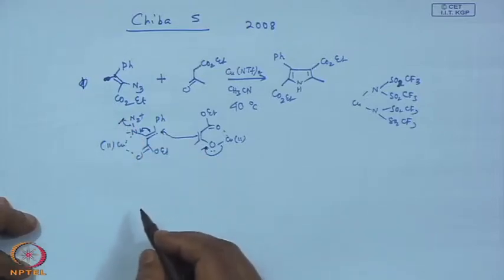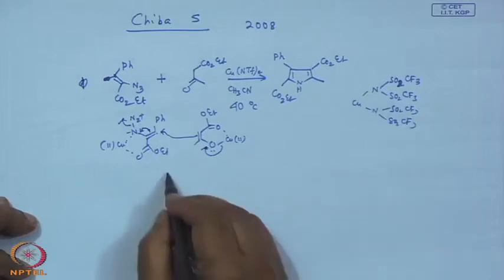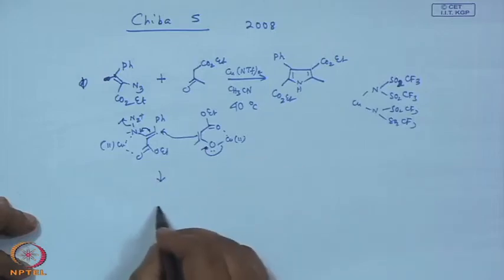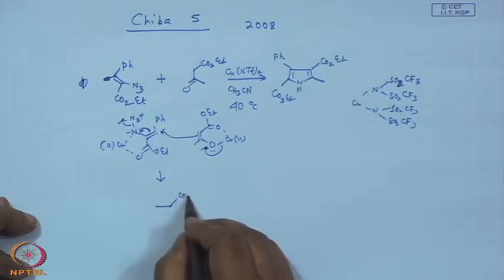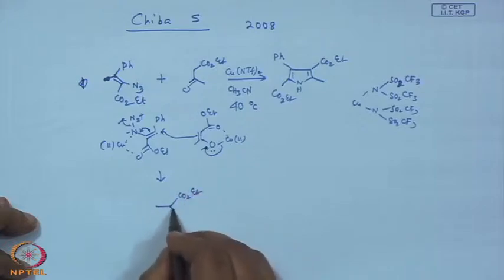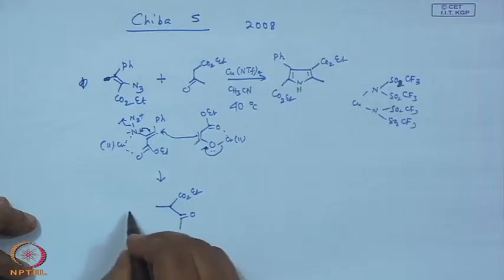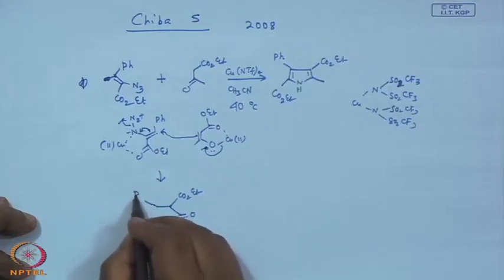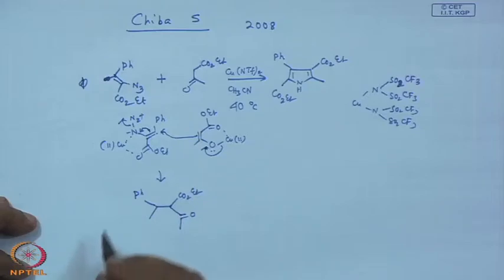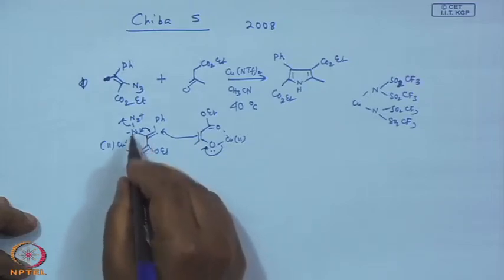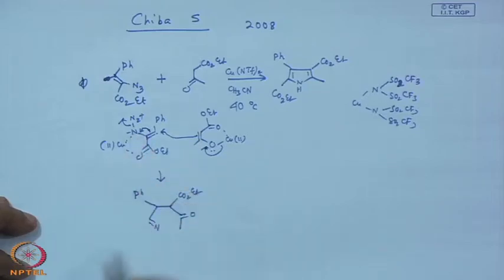So, what do we eventually get? We will have this ester part, and then this would be converted to the ketone, and then you have this phenyl group, and now you see the carbon and nitrogen will be carbon double bonded nitrogen, and then copper is attached to the nitrogen now.